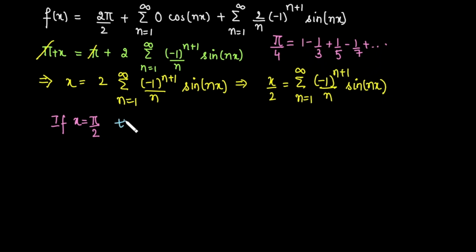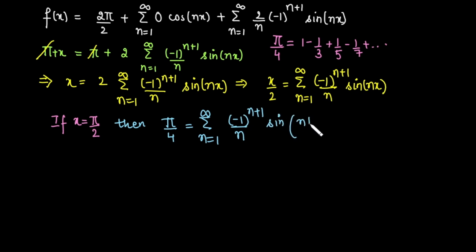Then from here we have pi by 4 is equal to summation n from 1 to infinity minus 1 raised to power n plus 1 by n sine of n pi by 2.